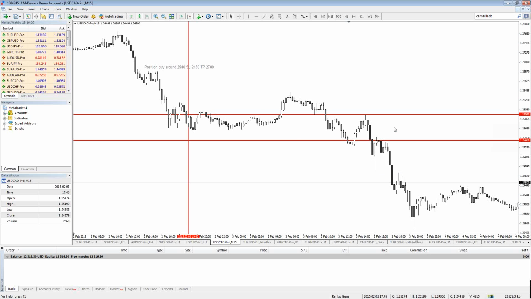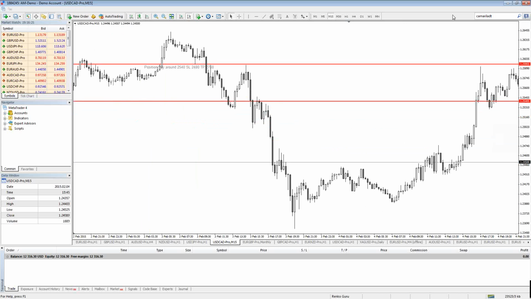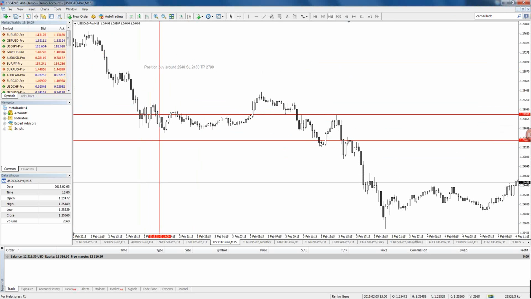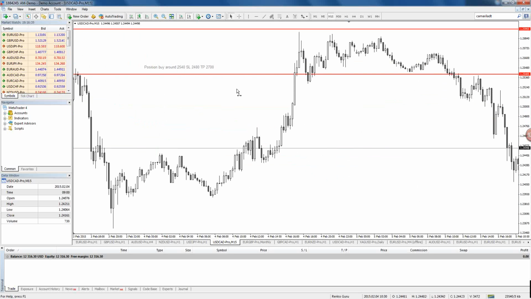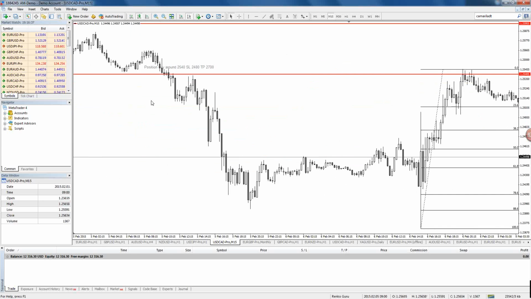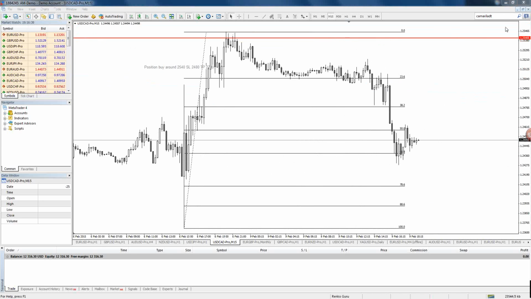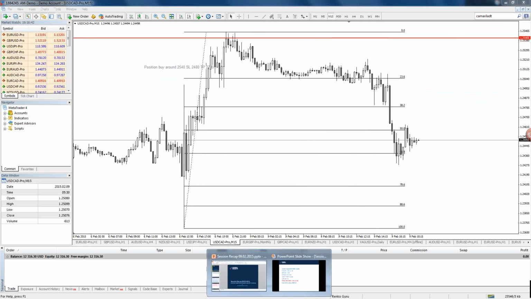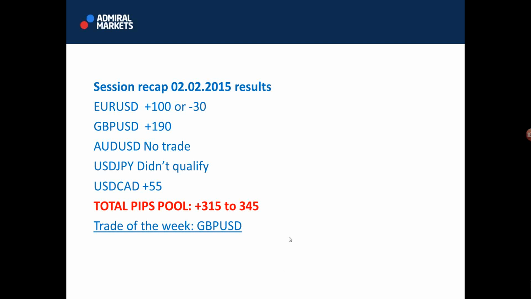And what happened is basically the price went there, at this point it was tomorrow, so a day after our recap. The level was hit, and then bang, the pair went up, and you could have made nice pips on the dollar CAD pair. Okay, so that was the recap of our last week.